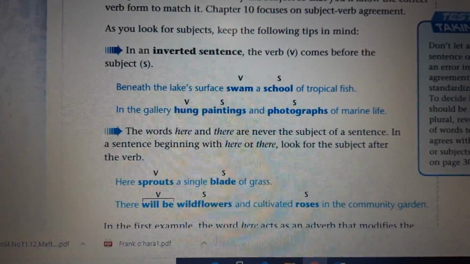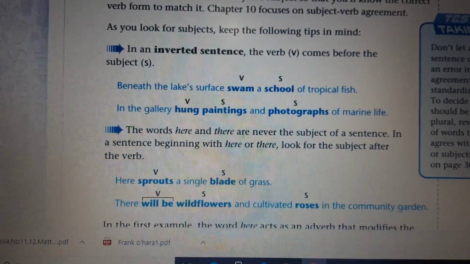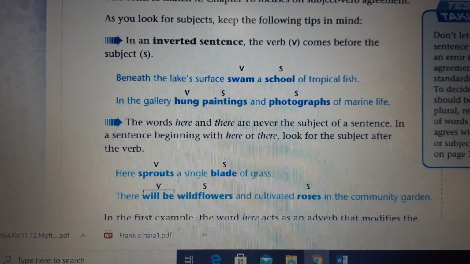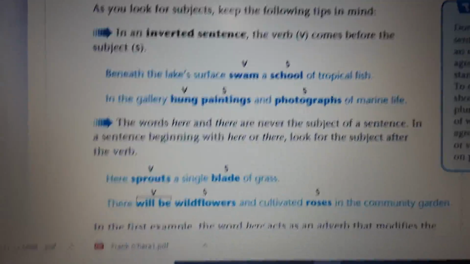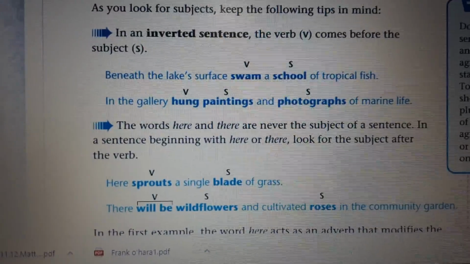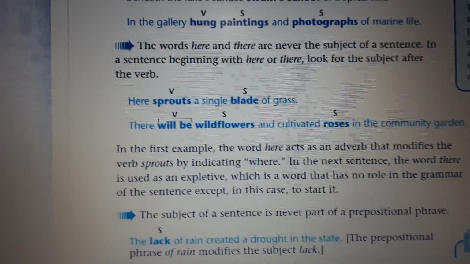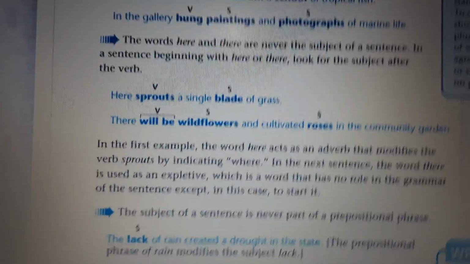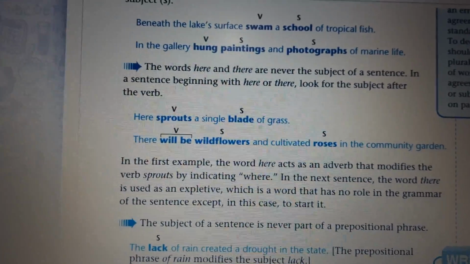Okay, in a sentence beginning with here or there, you have to look for the subject after the verb. Okay, so whenever you see here or there, the subject is not going to be right after here or there. After here or there, we're going to find the verb. Okay, so here we have two examples.